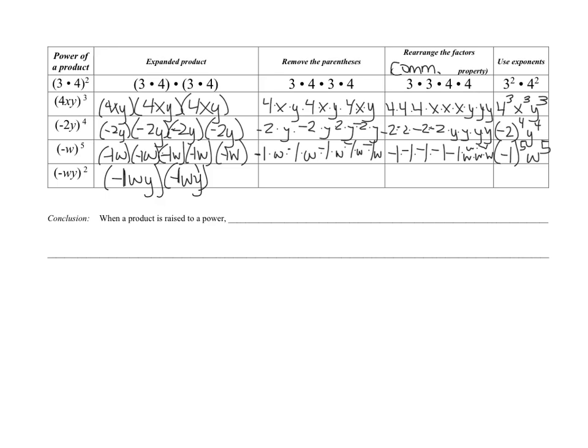When I remove the parentheses, it's negative 1 times w times y times negative 1 times w times y. When I rearrange it, I'm doing negative 1 times negative 1 times w times w times y times y. So if I rewrite it with exponents, that means I'm doing negative 1 squared, w squared, y squared.